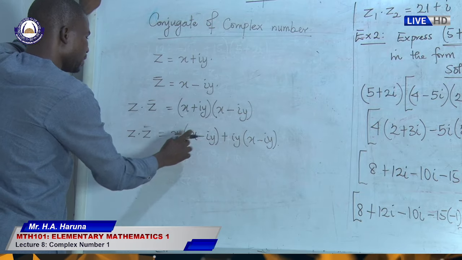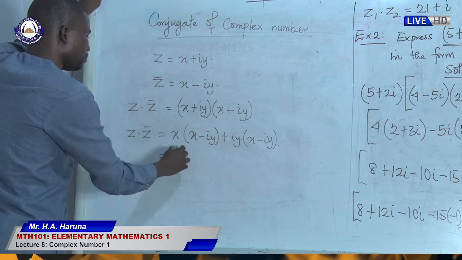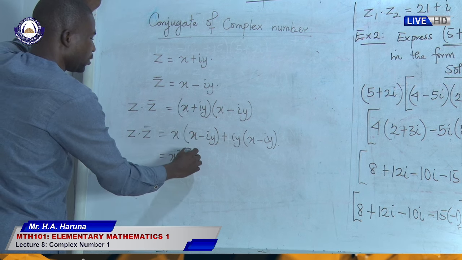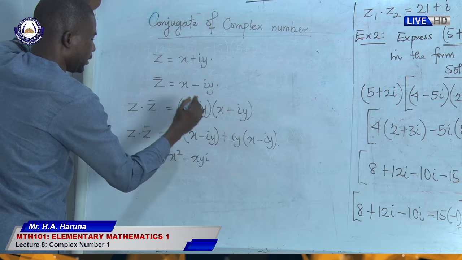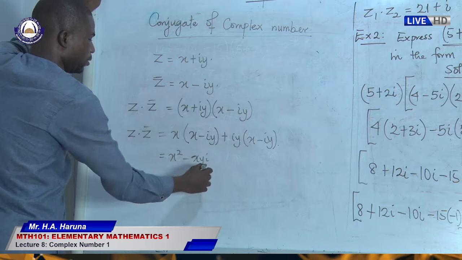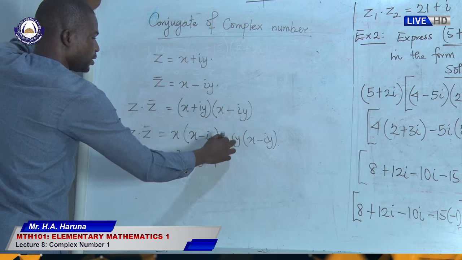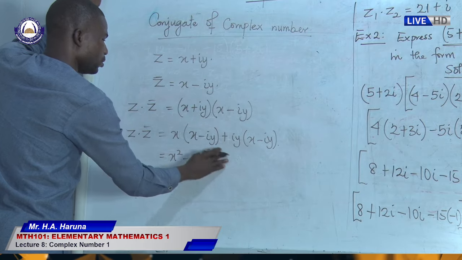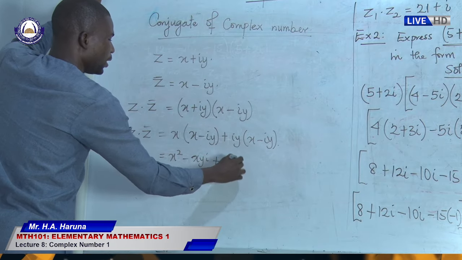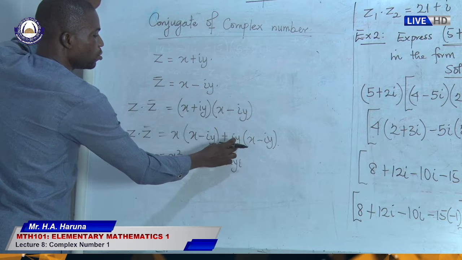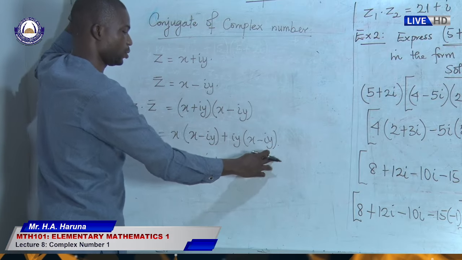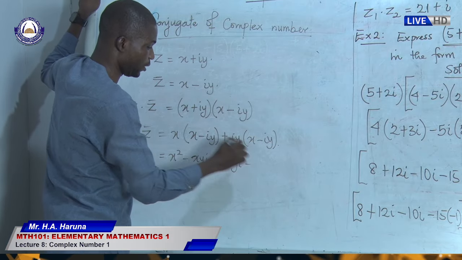Okay, so x times x gives me x squared. x times iy is minus xyi. The same thing is here, plus x times iy, you have xyi. Now iy times negative iy. When you multiply that together, plus times minus gives you minus.